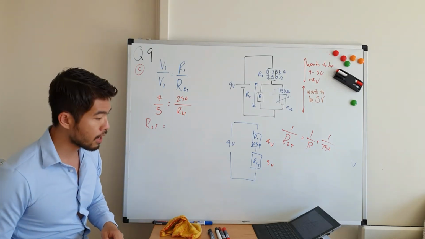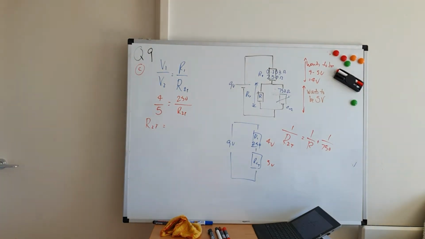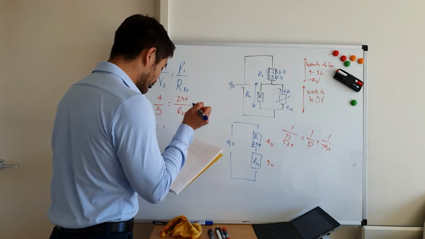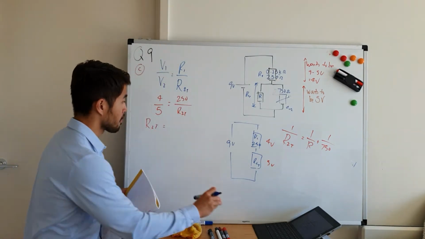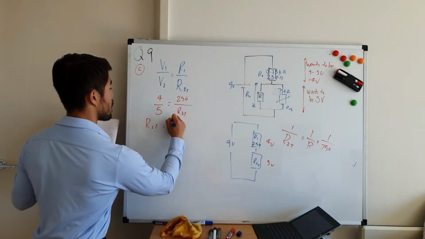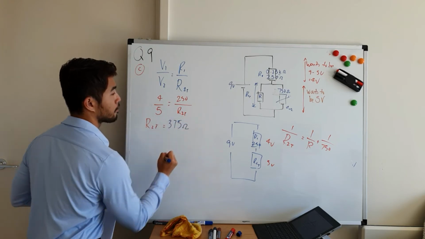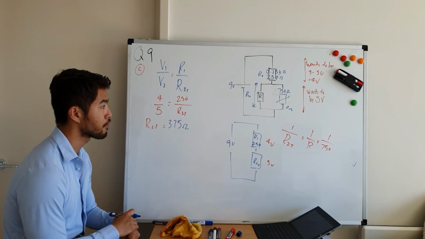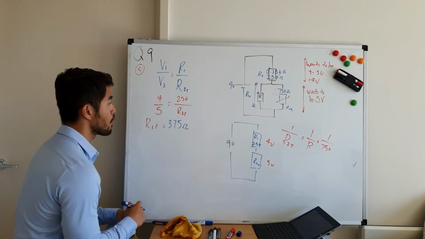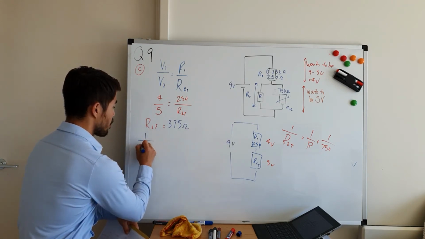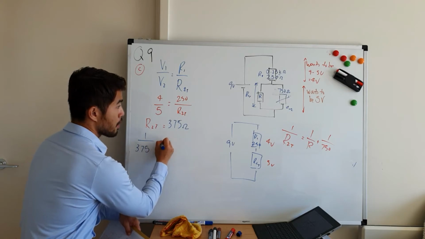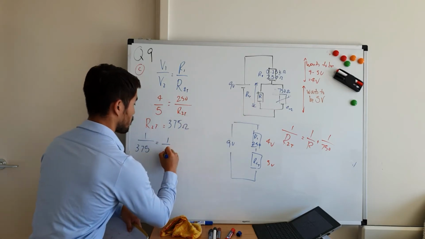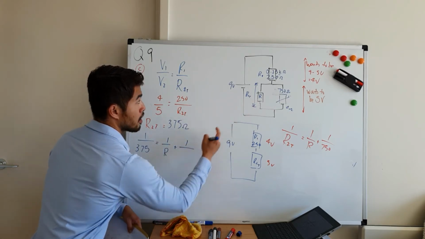So using our calculators, we can deduce that R2 total is 375 ohms. Substituting back to that equation, 1 over 375 ohms equals 1 over R plus 1 over 750.